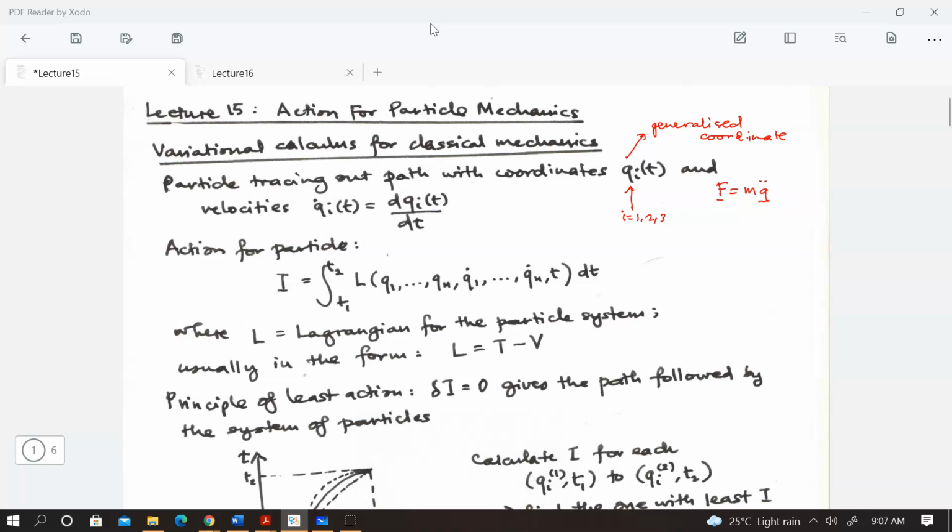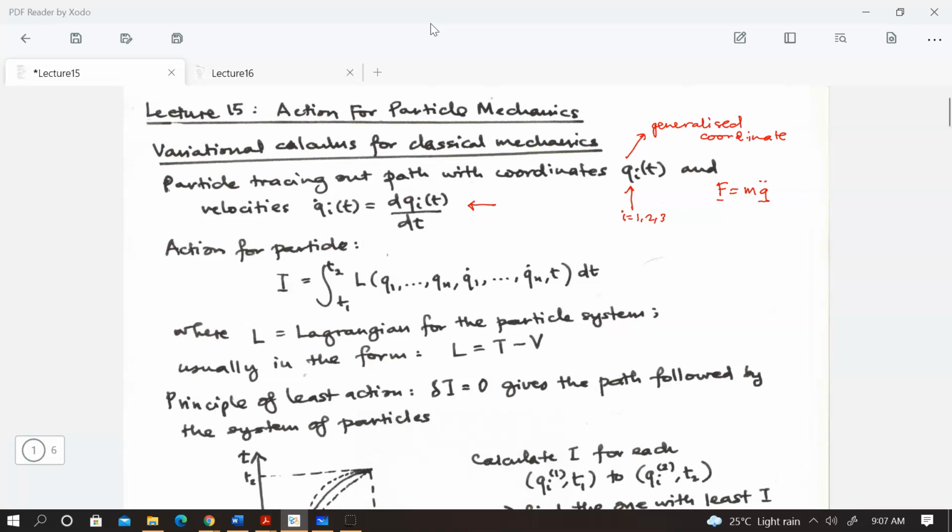So if you want to completely solve this, you need to do integration twice. Having just your coordinates will not be sufficient to completely solve your Newtonian equation of motion, so you need to supplement this with what we call generalized velocities. So you have qi dot being simply the time derivative of your qi.